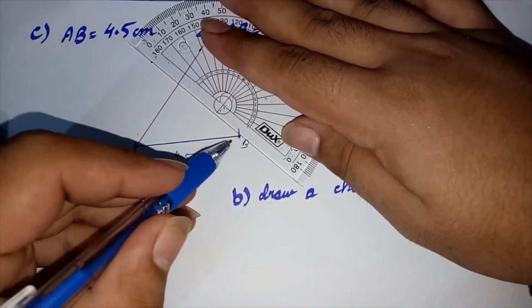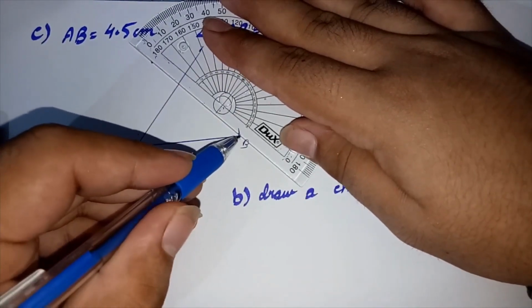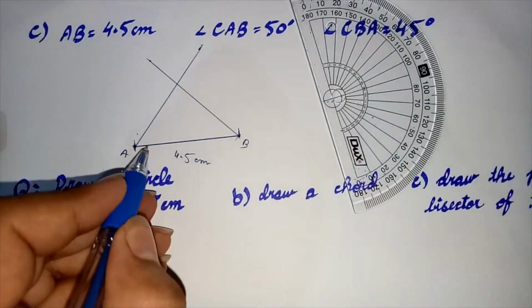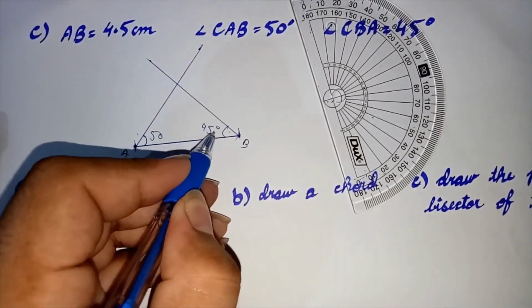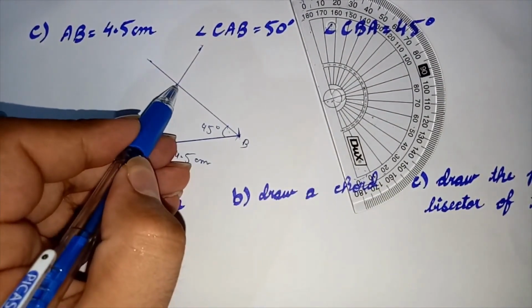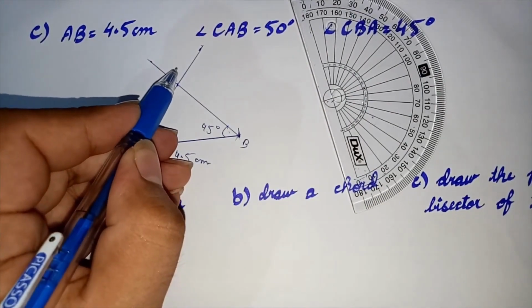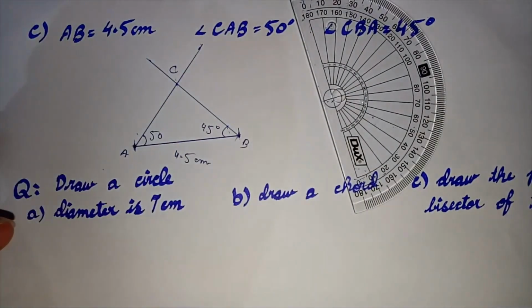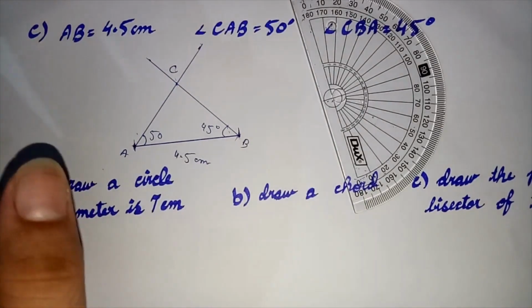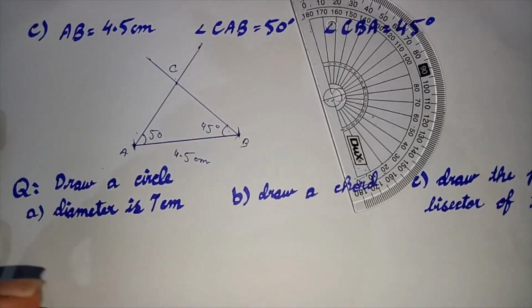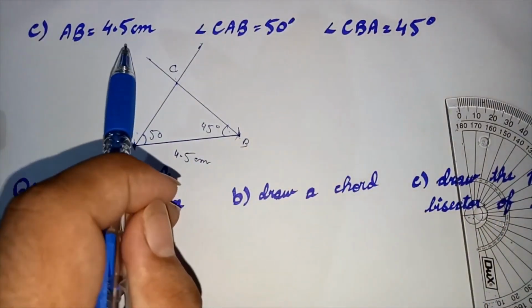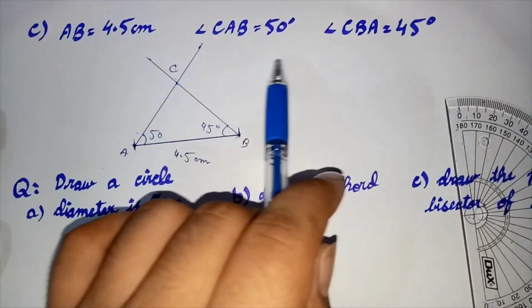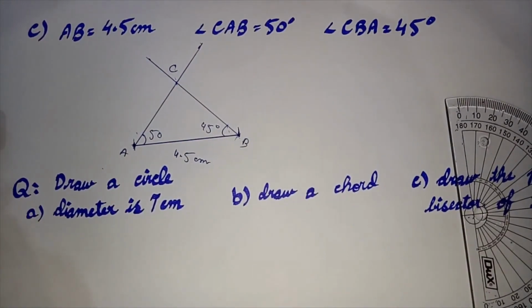So this was an angle of 50 and this is our angle of 45 degrees, and this one is the point C we have. Alright, clear? So that's how we can construct a triangle if you are given only one side and two angles.